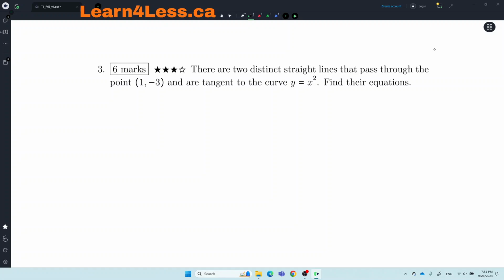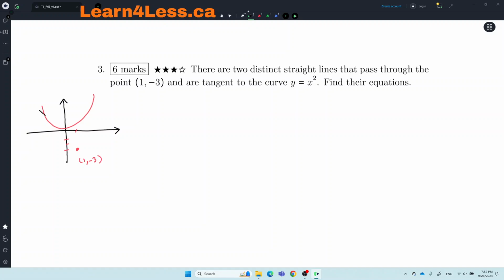So there is a curve. Let's just sketch it, a very small sketch here. We have x squared, which is something like this, and there is a point (1, -3). Just very rough. Okay, so there are two tangent lines to this curve which pass through this point.